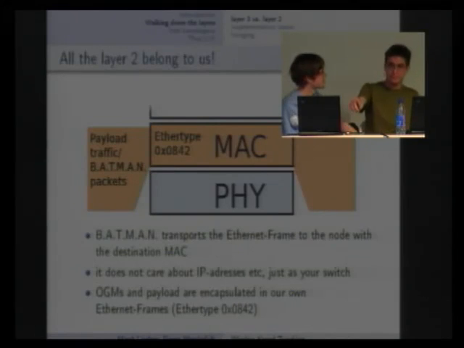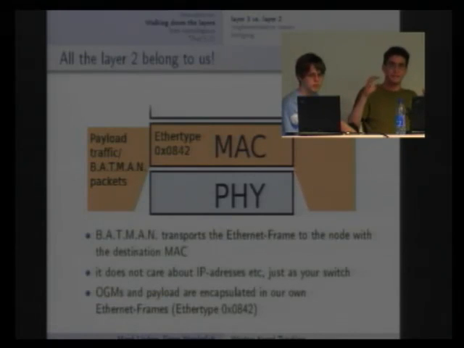He showed some slides before that Batman on layer 3 just sends UDP packets and manipulates the routing table. Here we do something different. We send Ethernet frames to get our routing information, and we have this BAT0 interface he showed.